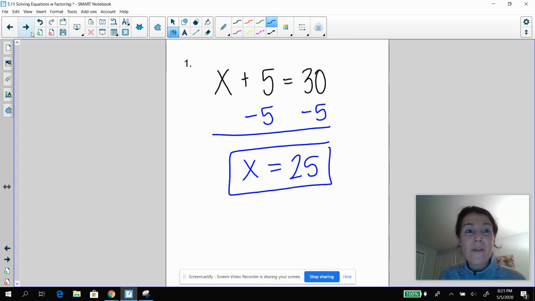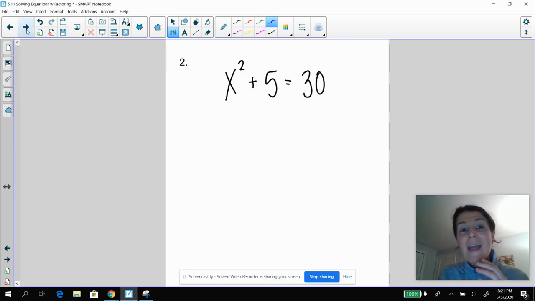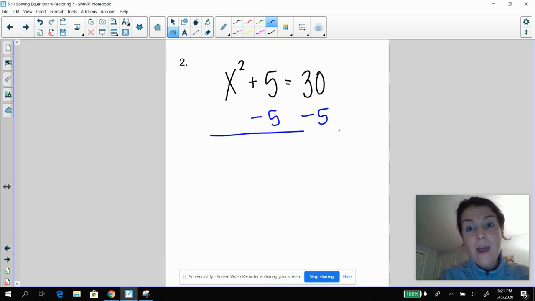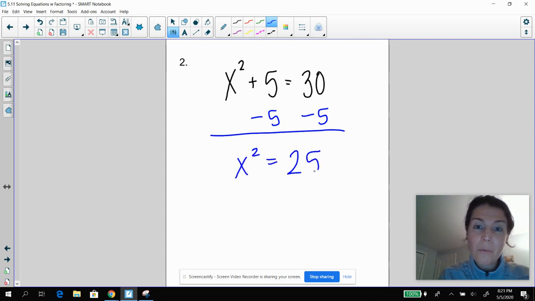And then we sauced things up a little bit. And instead of just being an x, we now made it an x squared. There's still only one of them, but we still want to isolate this guy. So we're going to subtract 5 again from both sides. And then you're left with x squared equaling 25. And then we talked about this in the fall.